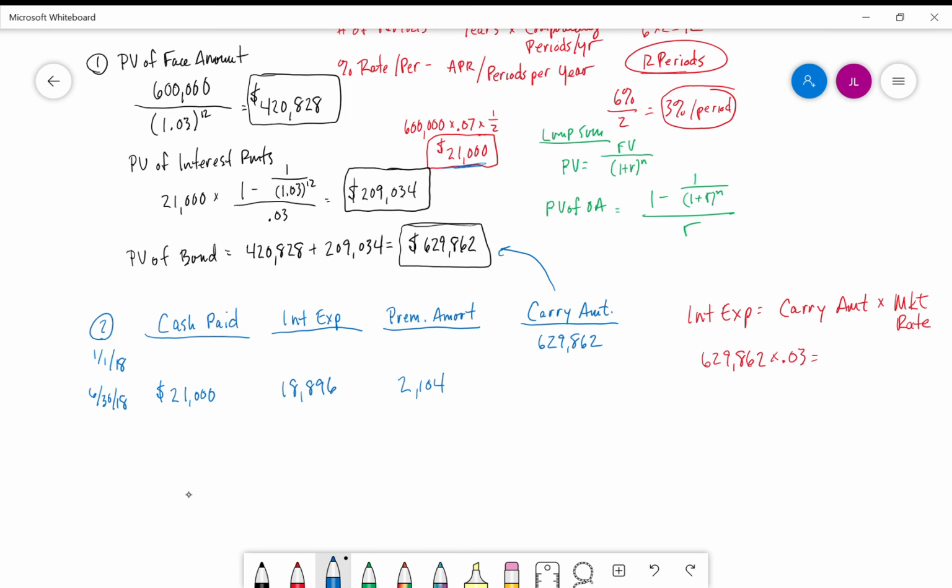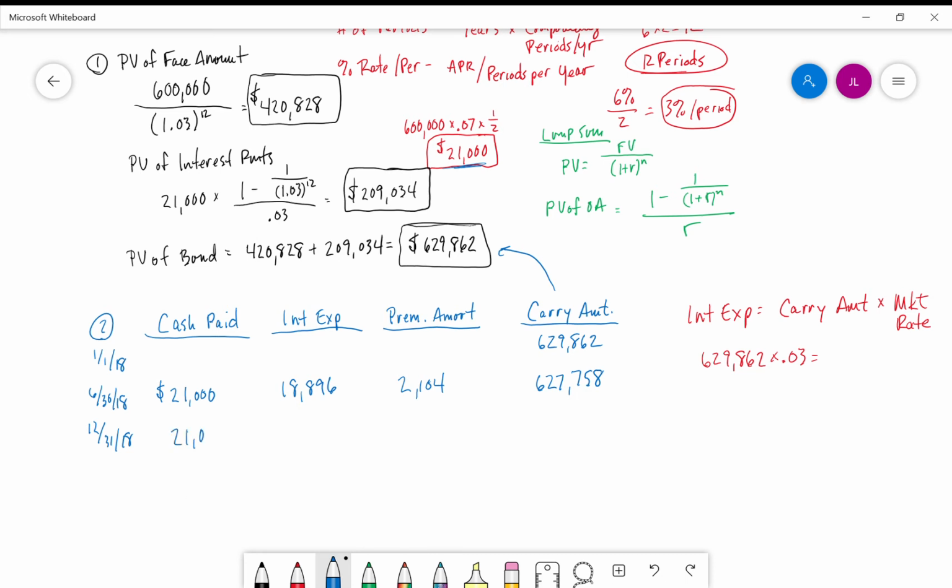Now, since the carrying amount is larger than the face value of the bond, and this is a premium, we will subtract this amortization amount from the carrying amount to give us a new carrying amount. And the carrying amount here is now $627,758.